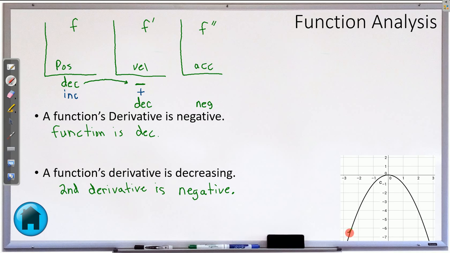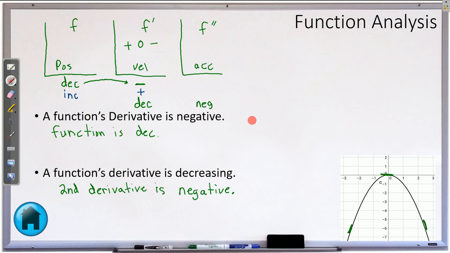So just think about this for a second. Take a look at the slope right here. That slope is positive. Then the function curves up to here. Now the slope is 0. And then the function curves down, and now the slope is negative. So if the slope, the velocity, the derivative is going from a positive number to 0 to a negative number.